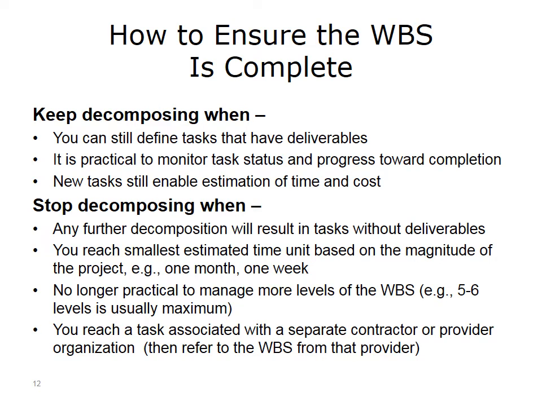You can simply have a single designation for all the work being provided by that provider. That provider organization will have its own work breakdown structure to show how that work is further decomposed. Keep these guidelines in mind so you have a sense for the right levels of decomposition when you're building a WBS.